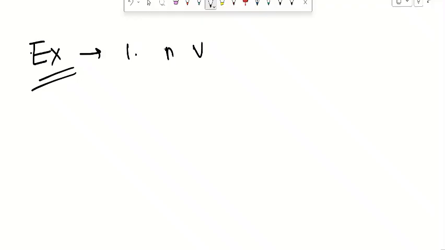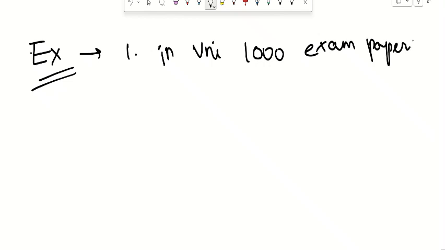And now a small example of Hadoop. In a university we have 1,000 exam papers to check.